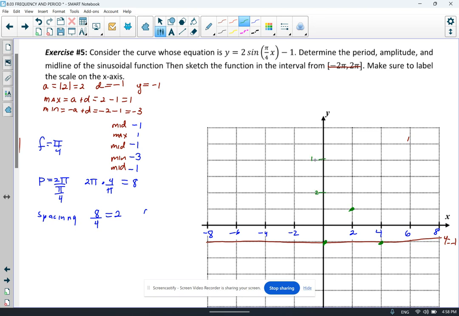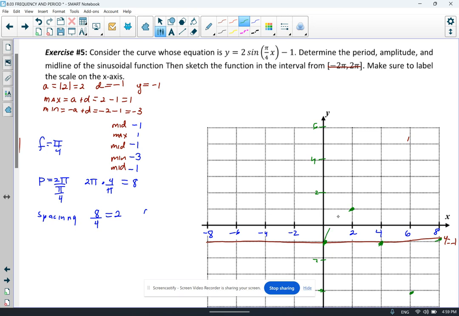That's 2, 4, 6. This is -2, -4. Okay, glad I caught that. So in any case, it's -1, 1, -1, down to -3. So that's -2, -3, and back to -1.